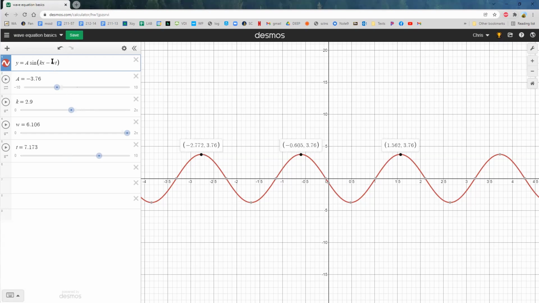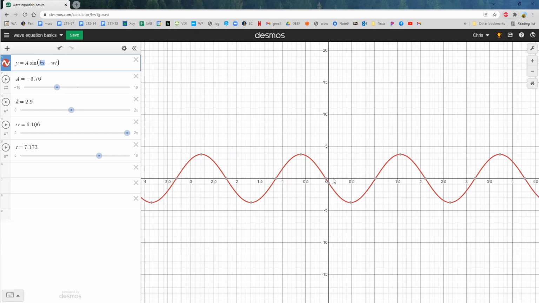All right, if you look at omega t right here, as time ticks by, time is actually causing omega t to get really large. So the only way I can keep up with that is if Kx increases. So Kx is growing because as I go from left to right, the product of Kx is increasing.